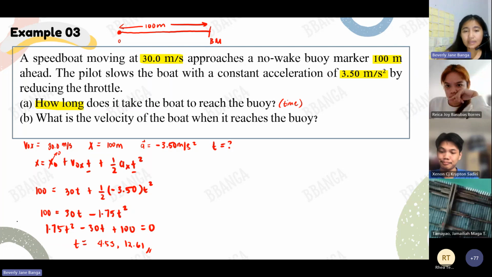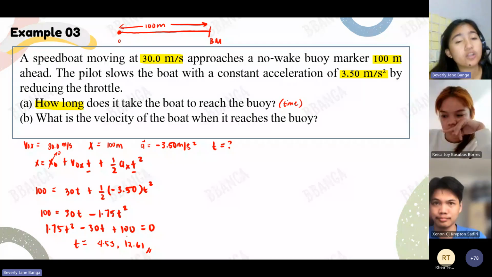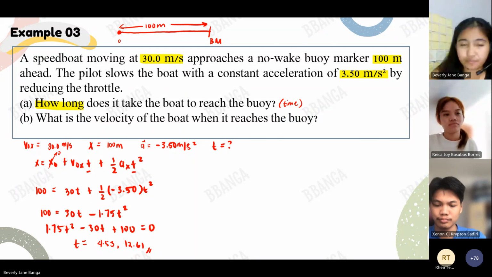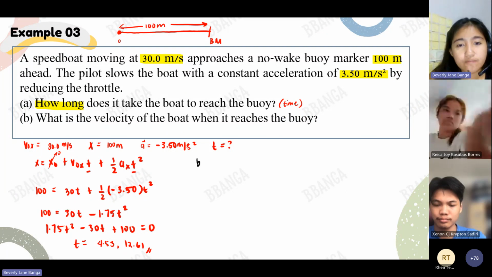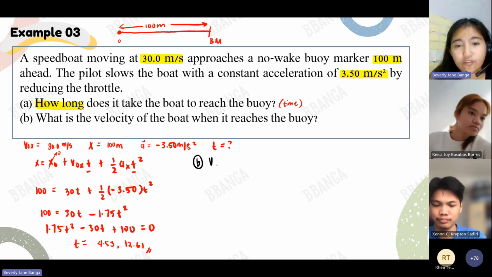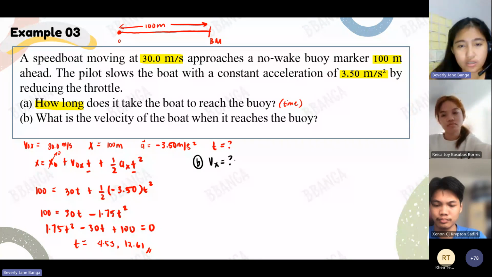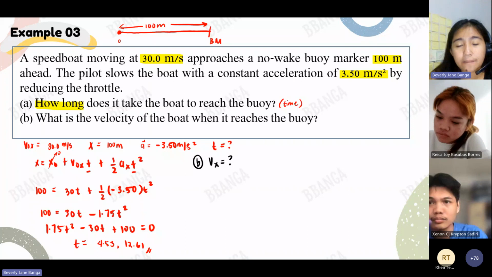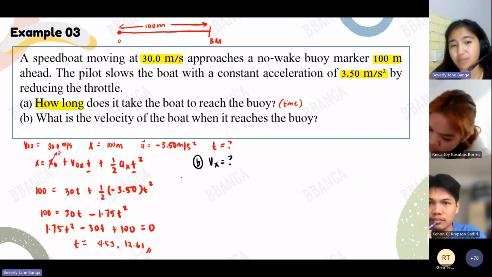So let's answer letter B first so that we can decide later kung alin yung time na talagang it took the boat to reach the buoy. For letter B, velocity yung kailangan, final velocity x. Alin namang equation yung pwede nang gamitin dito? As you can see, meron ka ng Vox, may x, may a, may t, may Vx.